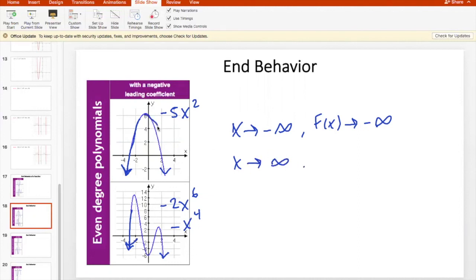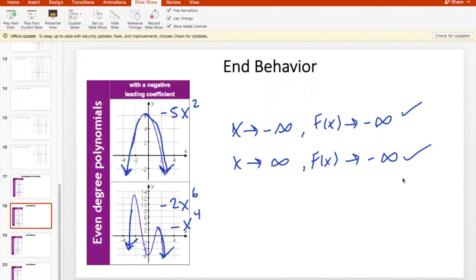As you go to the right, it's also pitching down. So that means that f of x also approaches negative infinity. So this is the case for an even degree polynomial with a negative leading coefficient. It makes both left and right side go down to negative infinity, okay?